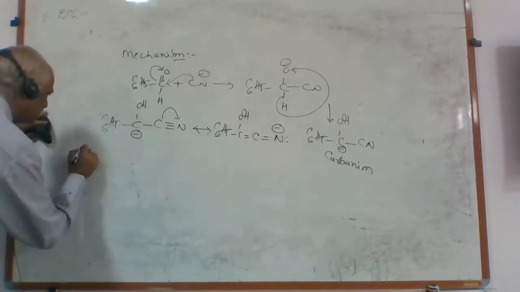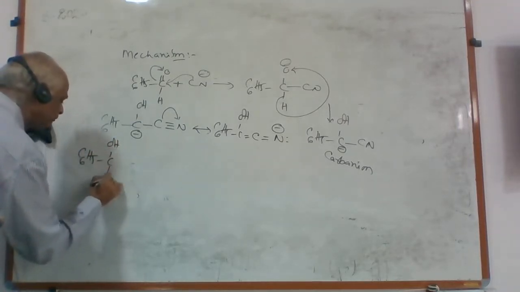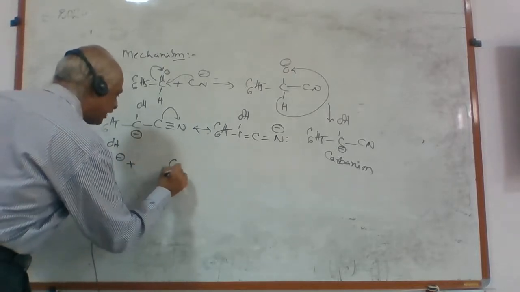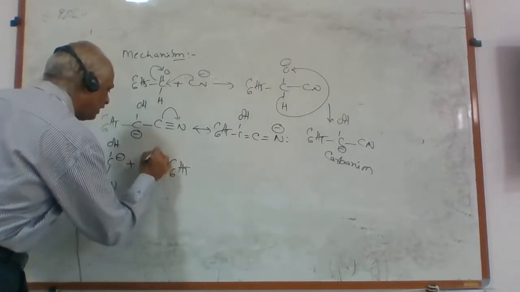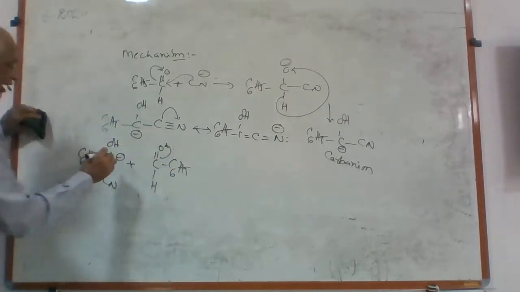The next step of the reaction is you take the carbanion with its negative charge, and you take the second molecule of benzaldehyde, C double bond O, polarized.